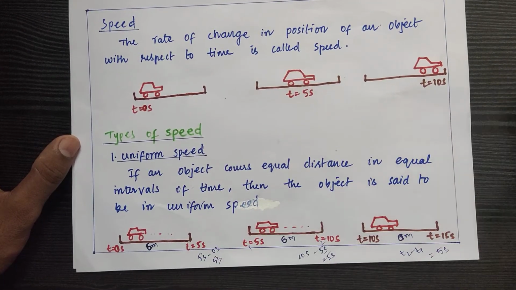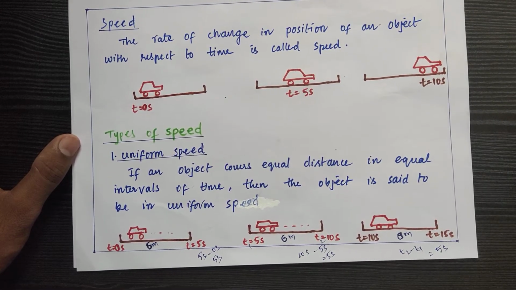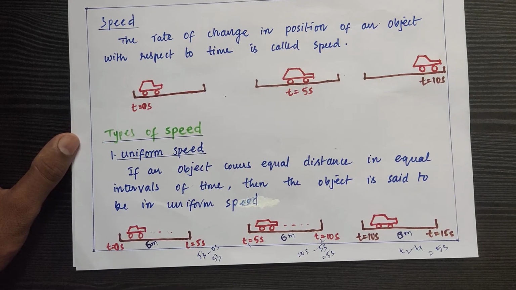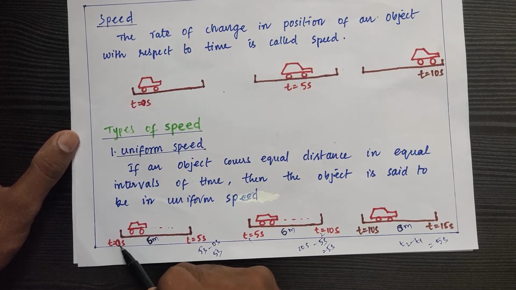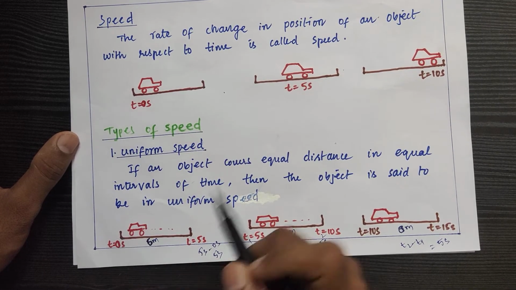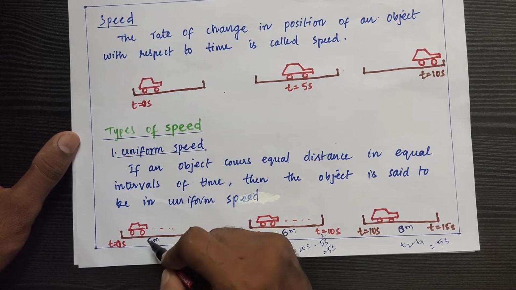Initially, uniform speed. If an object covers equal distance in equal intervals of time, then the object is said to be in uniform speed. Here is an example. At time t equal to 0 seconds, the car is at the initial position. At time t equal to 5 seconds, the car covered 6 meters.